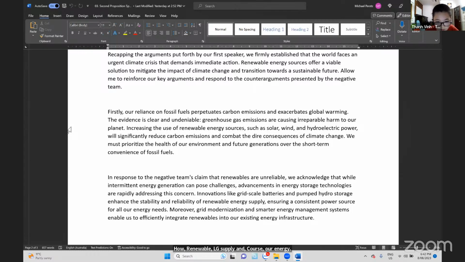Moreover, modernization and smarter energy management systems enable us to efficiently integrate renewables to our existing energy infrastructure.